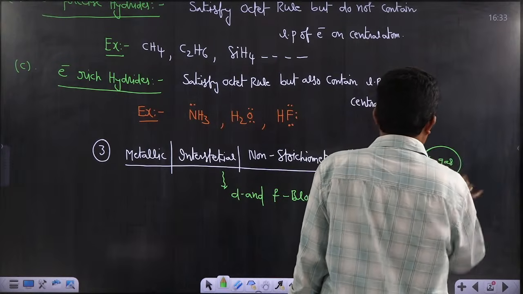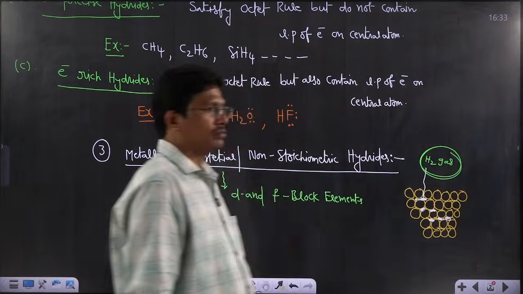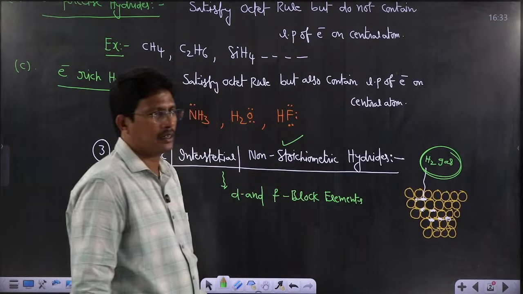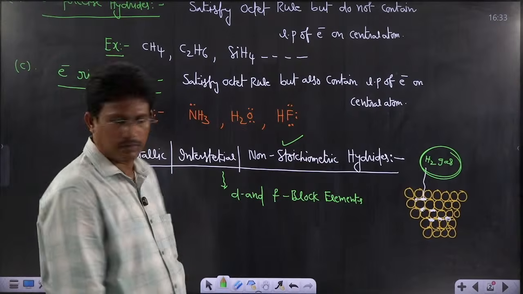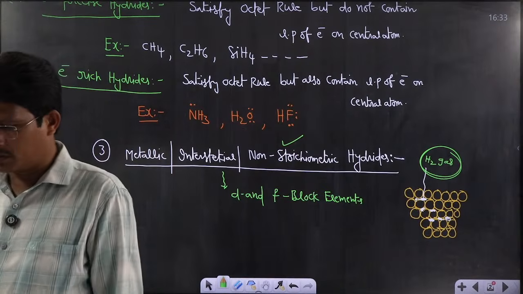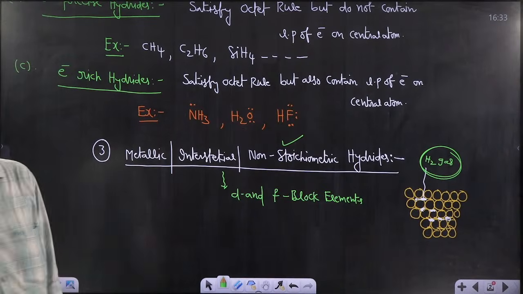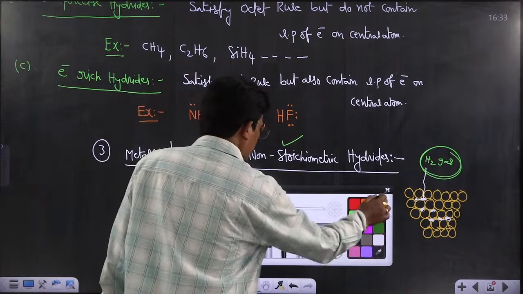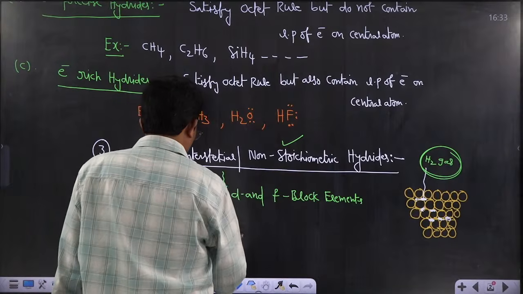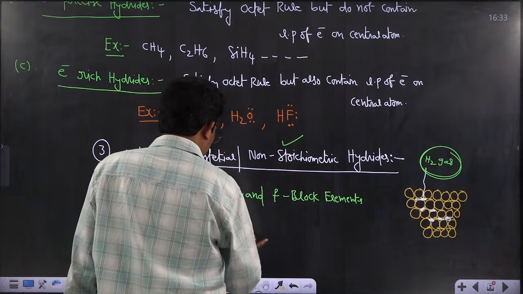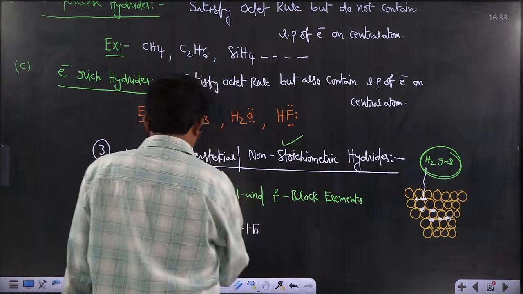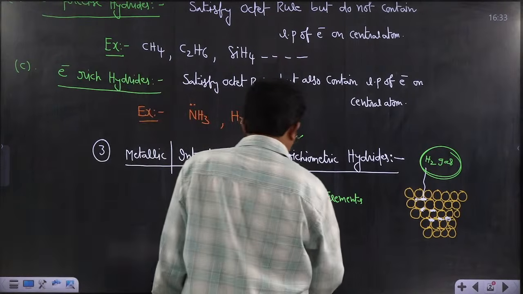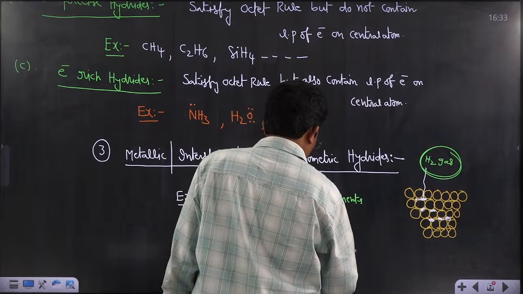The resultant hydrides are called metallic or interstitial or non-stoichiometric hydrides. For example, zirconium hydride, lanthanum hydride.